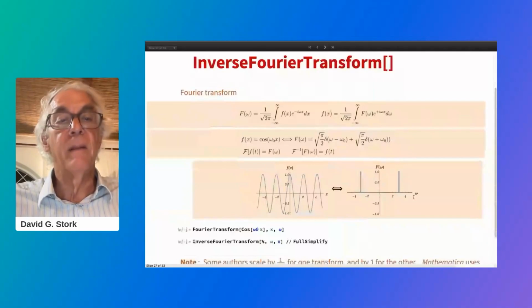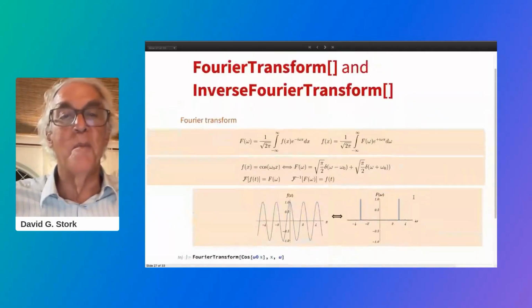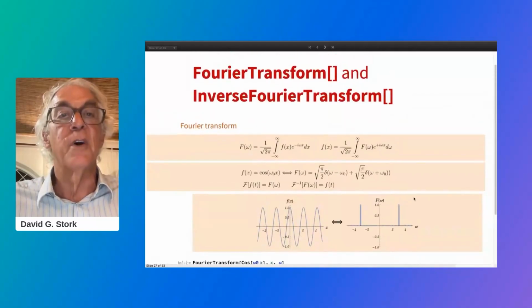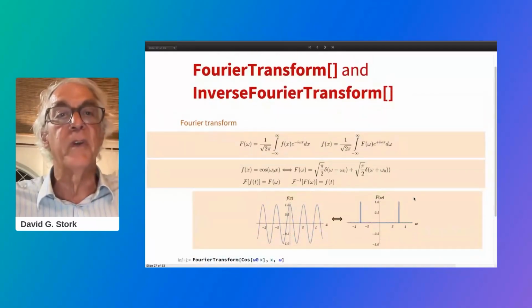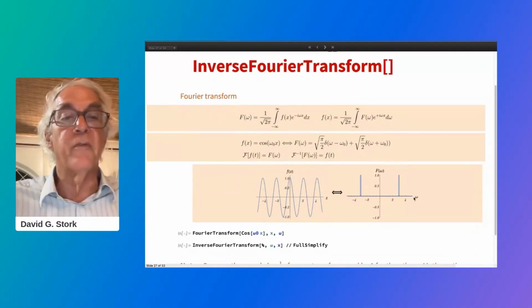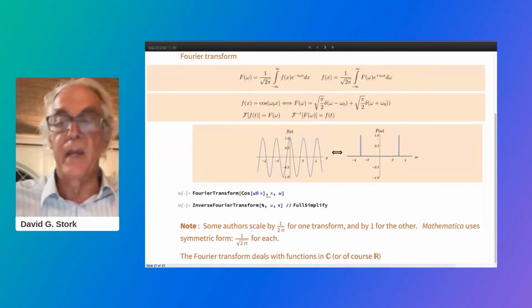One technique, which I drum home probably too often, is how to test your solutions. So, for instance, if you take a symbolic Fourier transform, you can do the inverse Fourier transform to check whether you're right. What's the Fourier transform of cosine omega naught x?